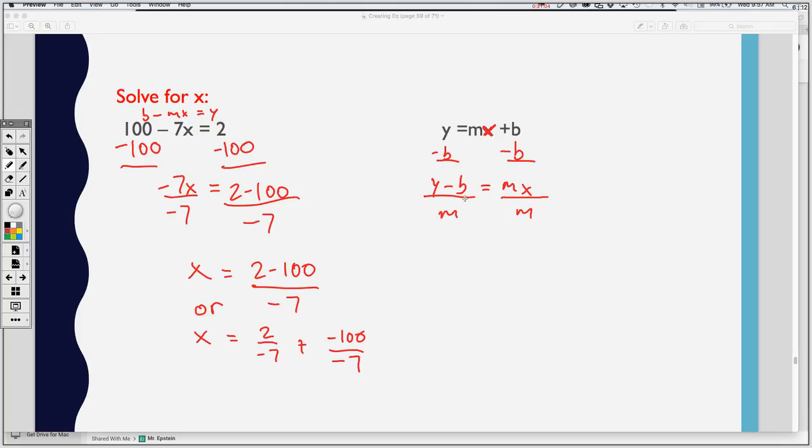You have to make sure you divide every term by m. So that's why you have to extend that whole fraction line, because what it means is the same as what's on the left. So this one is going to be y minus b all over m equals x.